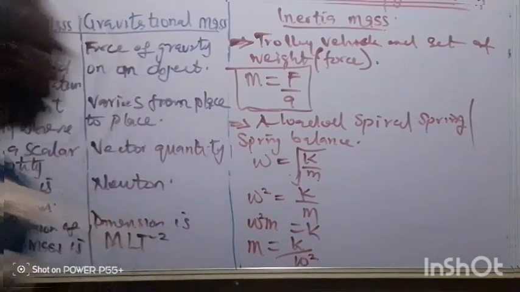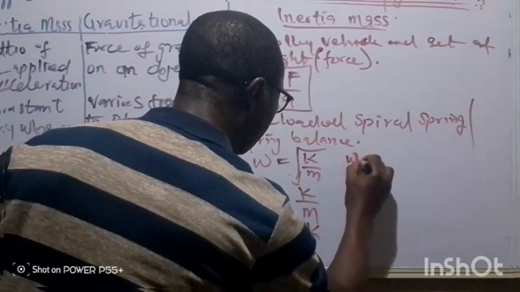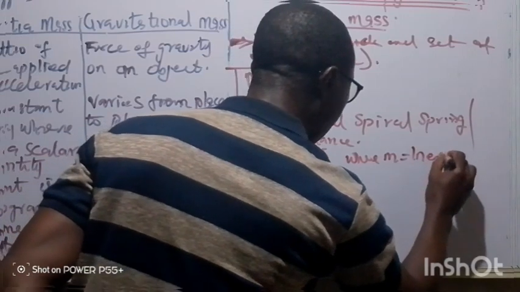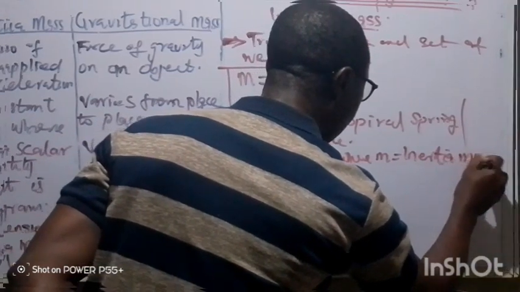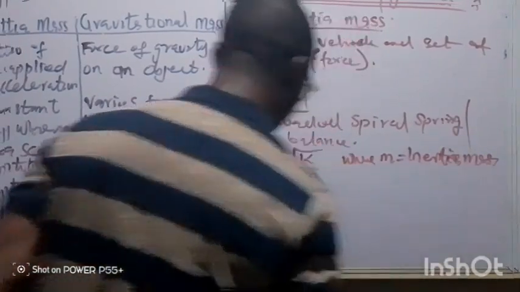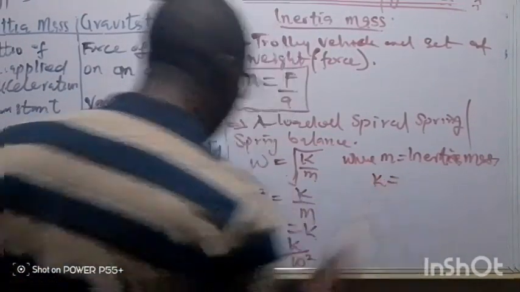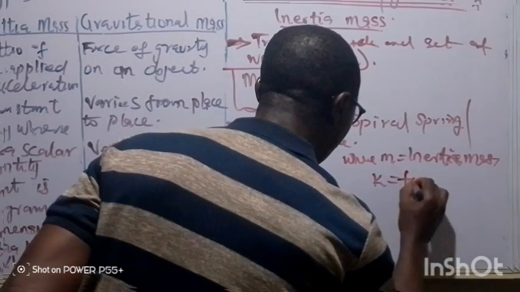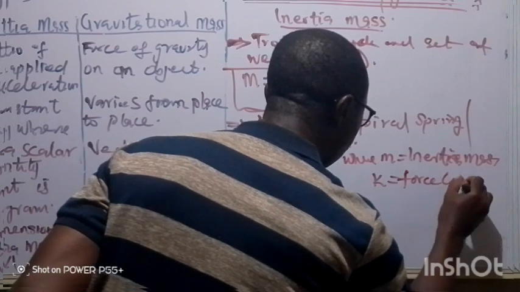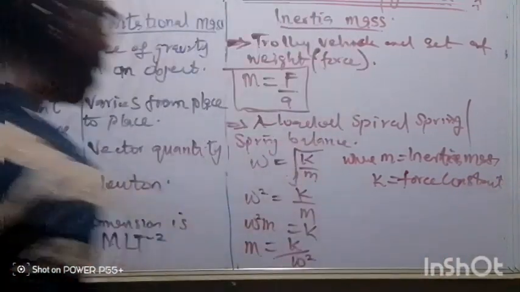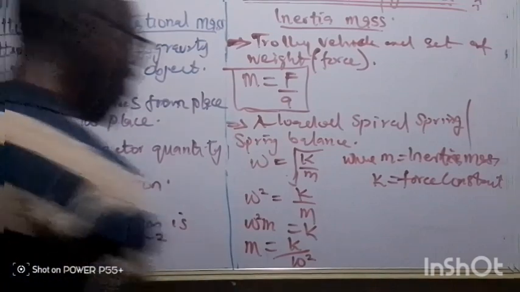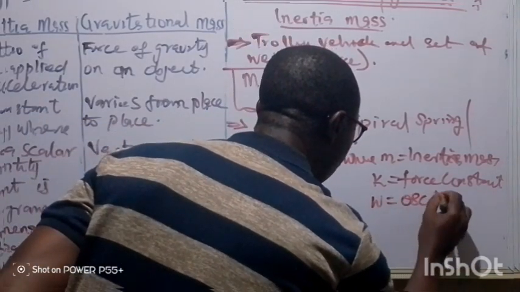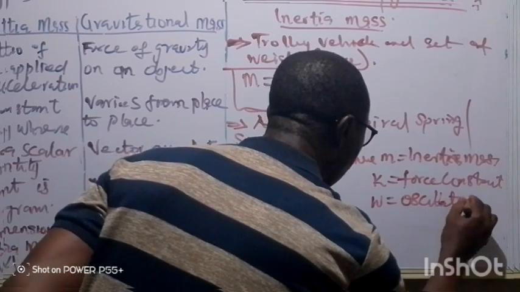As I said, where M is the inertial mass that we want to determine, K is the force constant of the spiral spring, or you call it elastic constant, and omega is the oscillating frequency.